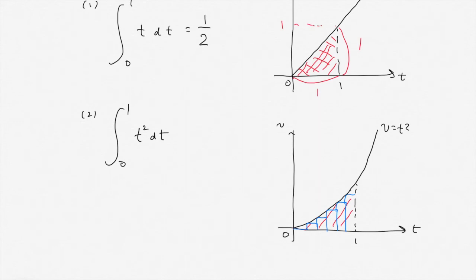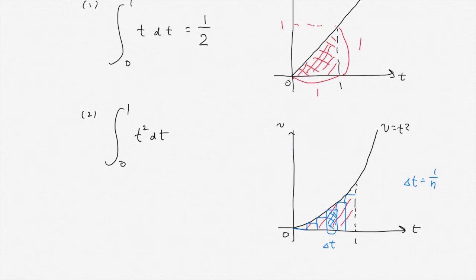Each rectangle has the same length of the bottom, delta t. Delta t is expressed as 1 over n, the same length.